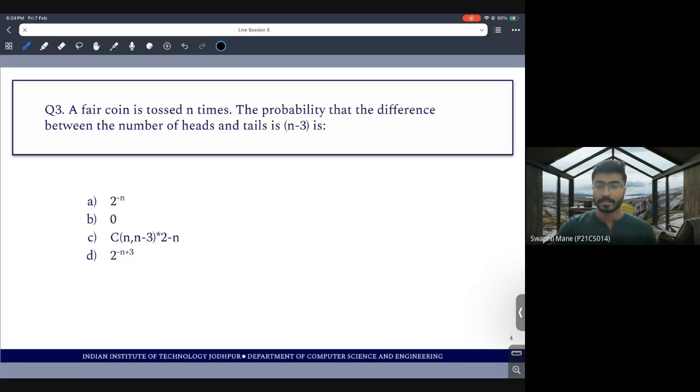Or you may take a guess if you did not find the correct option.